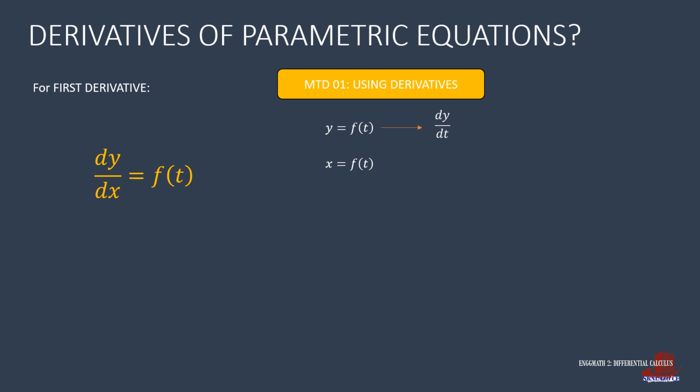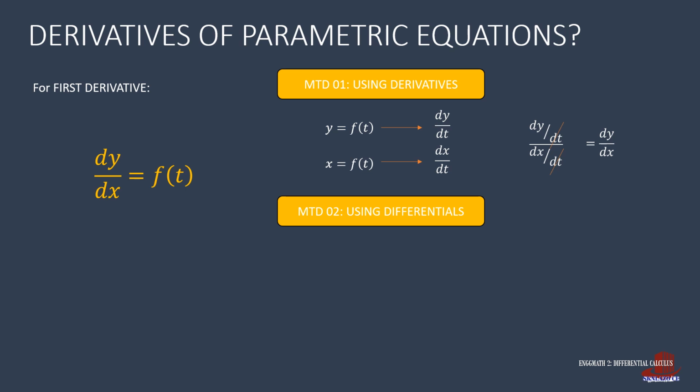Take note that since they are both functions of t, the derivatives turn out as dy upon dt and dx over dt. If we take the ratio of dy over dt with dx over dt, we can then eliminate dt, which then results to dy over dx.